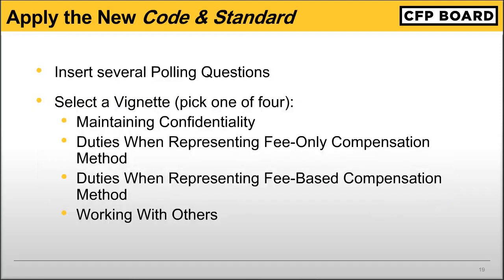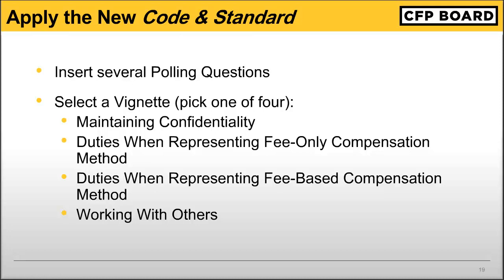But just as a reminder, at the end of each learning objective, we're asking you for these live courses, we'd love to have them interactive. And in doing so, what we've done is put together a series of polling questions where you can use Kahoot, which is a free online service that CFP Board has an account with. And again, we've provided all those instructions in the instructor packet.